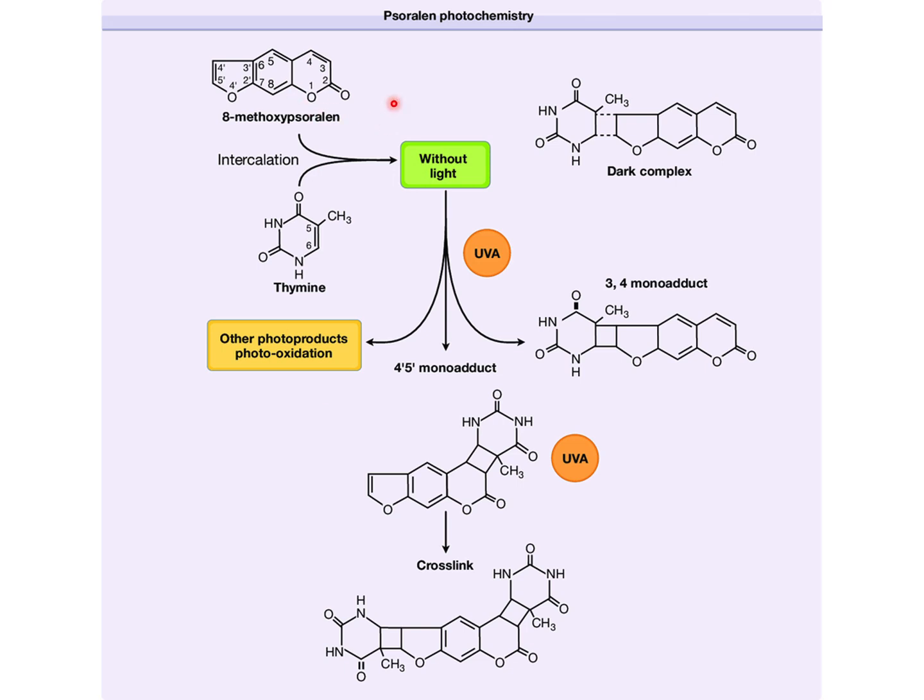And this represents what happens. This is the psoralen, and under normal circumstances, when there's no light, it simply intercalates within the DNA. It's a complex, but it's not irreversible and not covalent.